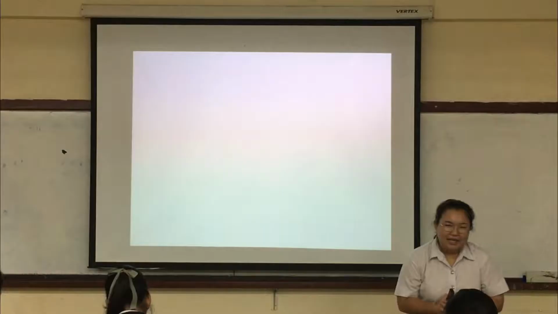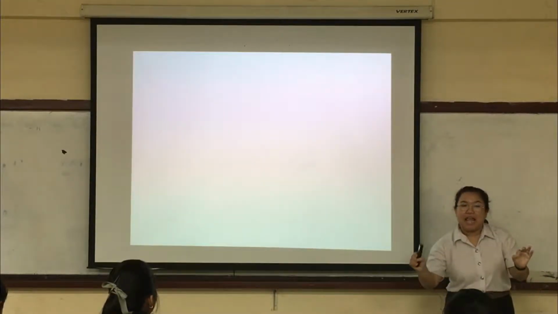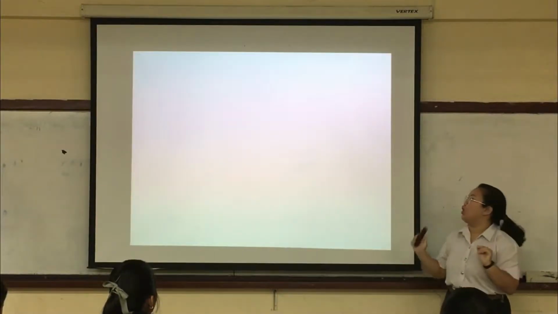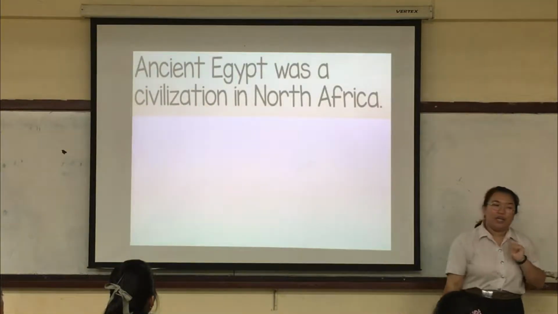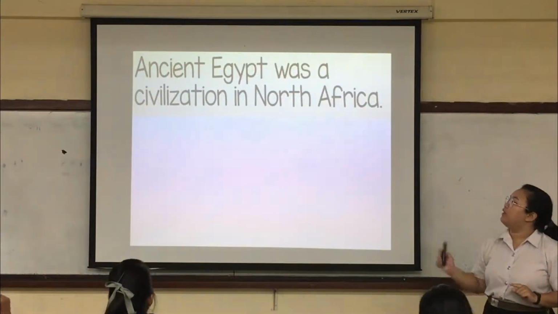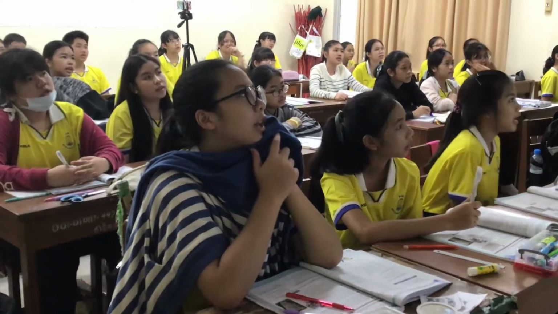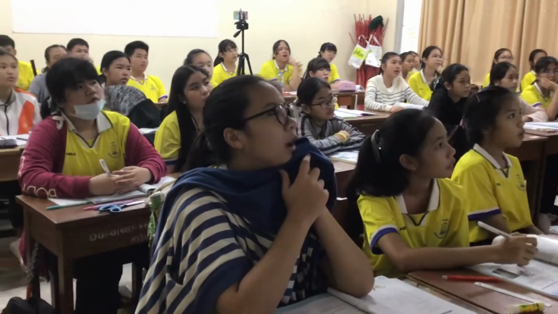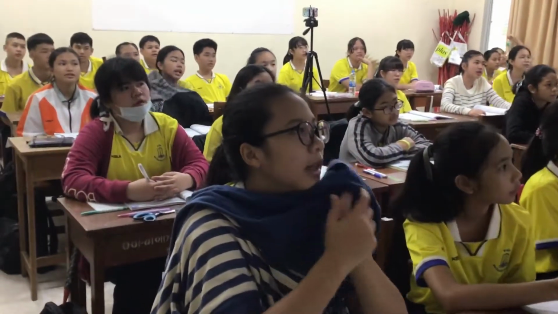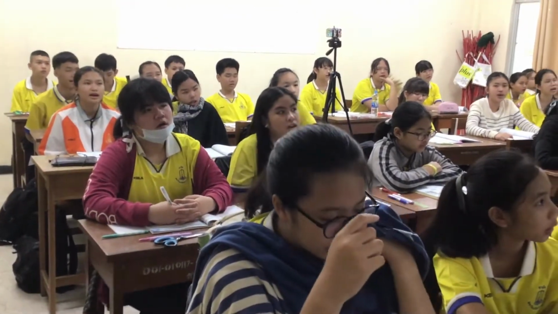Okay, really good. Now it's time to see whether you understand the passage or not. So, in this sentence, can you read it for me one more time, please? 1, 2, 3. Ancient Egypt was a civilization in North Africa.